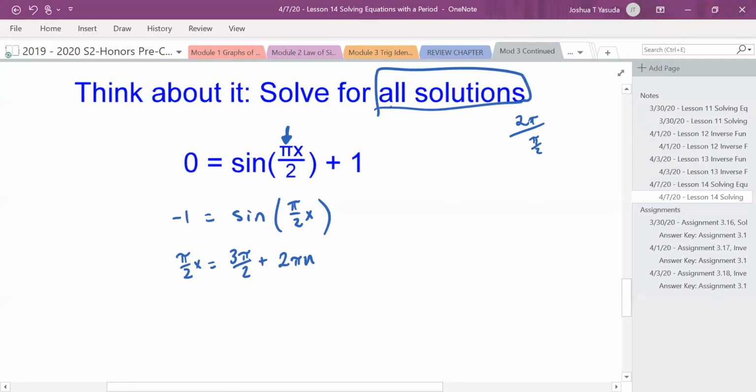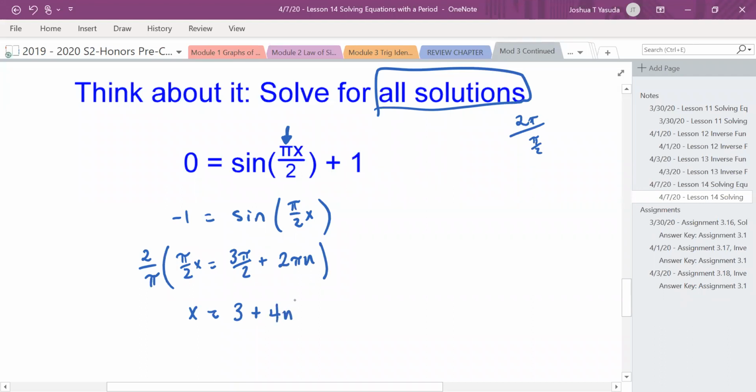All solutions. And then I'm going to multiply by the reciprocal, so 2 over pi. And the beautiful thing, like Paige said, is that the pi's are just going to all cancel out. So this will leave you with x equals 3, right? And then plus 4n. Does that seem okay?